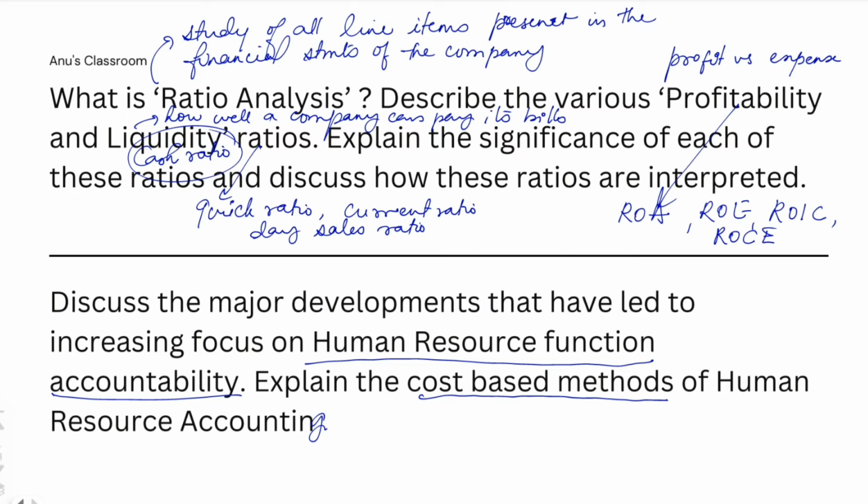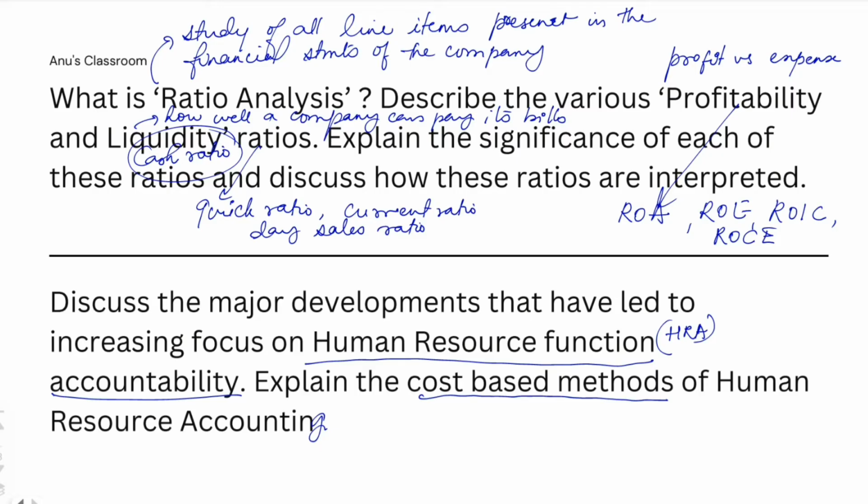Human resource accounting, or HRA in short, is the measure of the cost and value of people to the organization. It involves measuring costs that are incurred by organizations to recruit, select, hire, train and develop its human resources, that is employees, as well as judge their economic value to the organization.